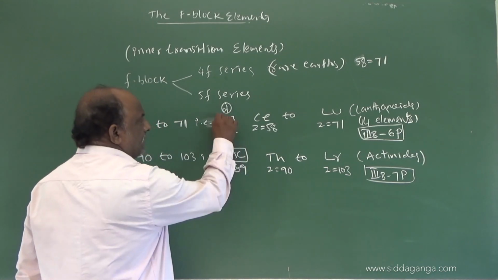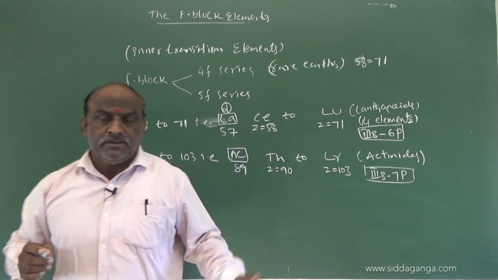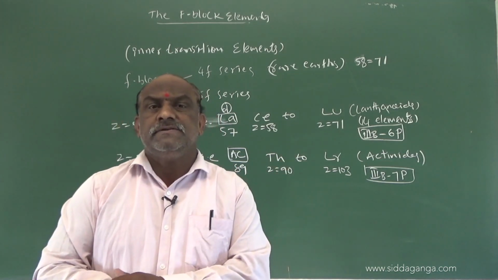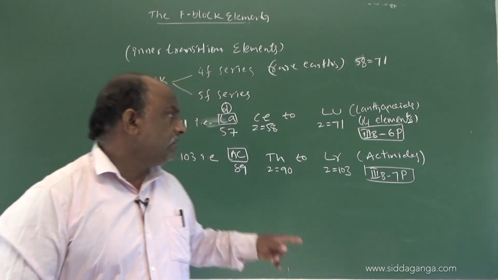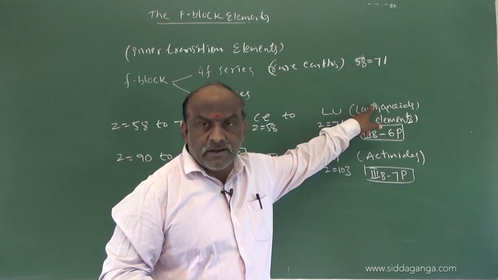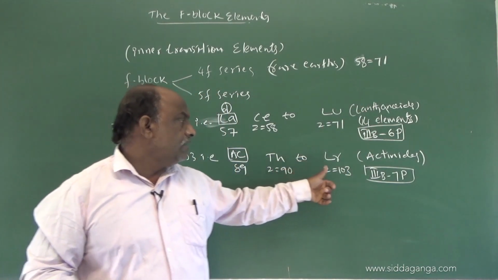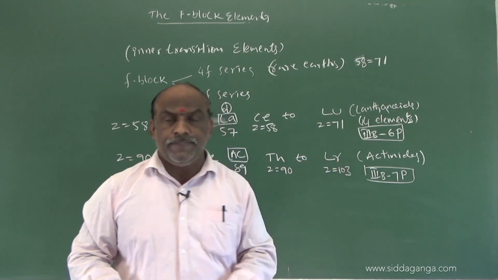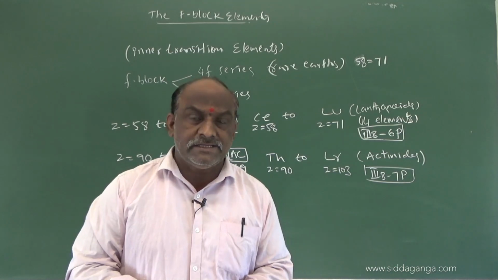The elements resemble actinium as well as lanthanum. Due to that reason, the 14 elements 58 to 71 are called lanthanides, and the remaining 14 elements, 90 to 103, thorium to lawrencium, are called actinides.